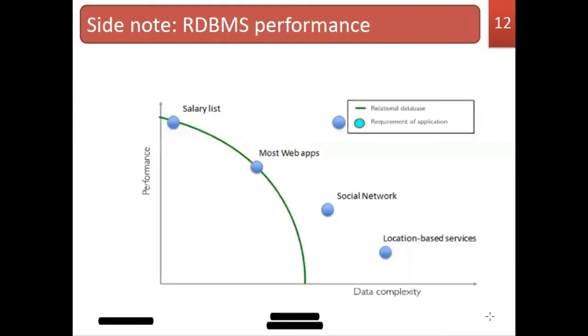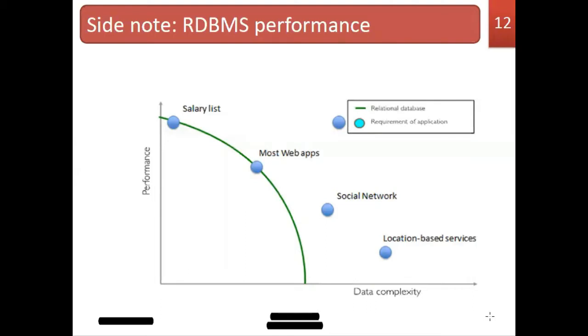So this is performance versus data complexity. If your data complexity is less, obviously you can reach greater performance with your system. If the data complexity is more, you are dealing with more complex data, then obviously the performance will also degrade.